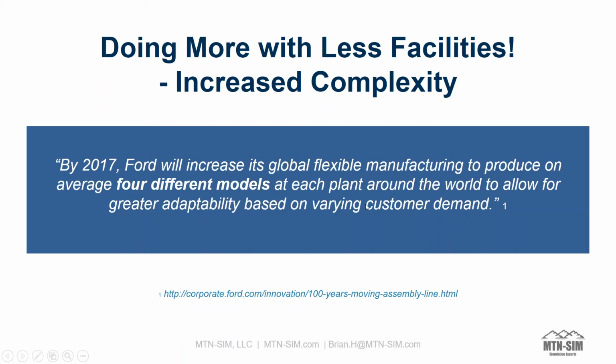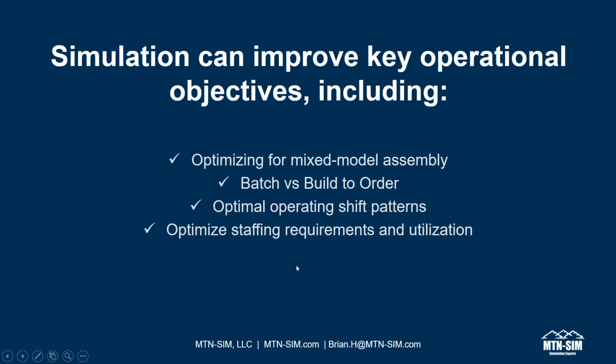So the days of just building one vehicle type per plant are pretty much in the past. Now we have fewer manufacturing facilities, yet our family of products might even be growing. We're definitely using flexible manufacturing and mixed model assemblies, and we're doing more with less.